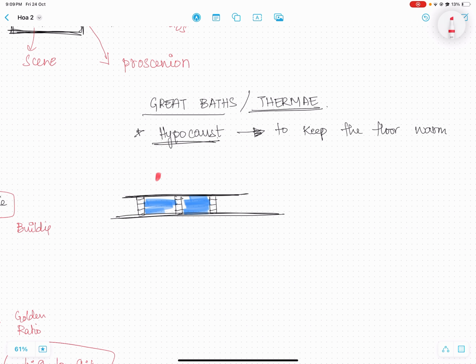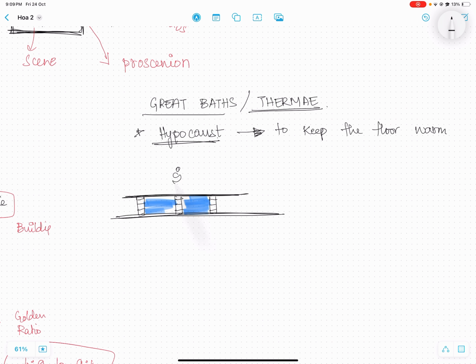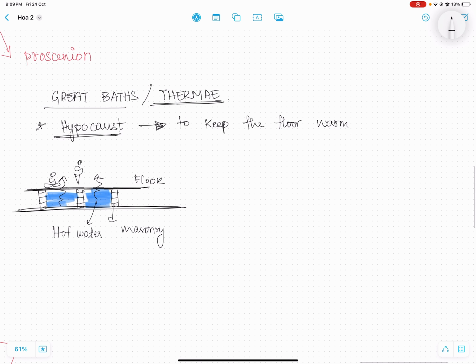So this is your floor, this is the masonry, and this is the flow of hot water, and this in turn keeps your floor warm. This is the hypocaust, and it was used in Roman baths.